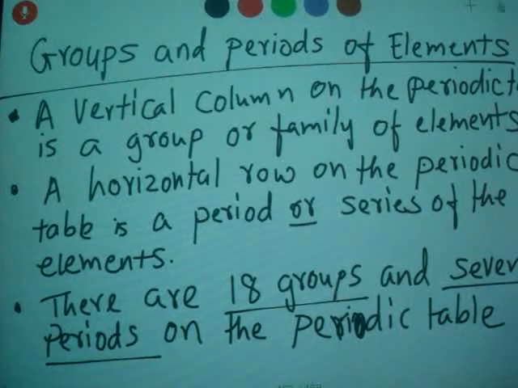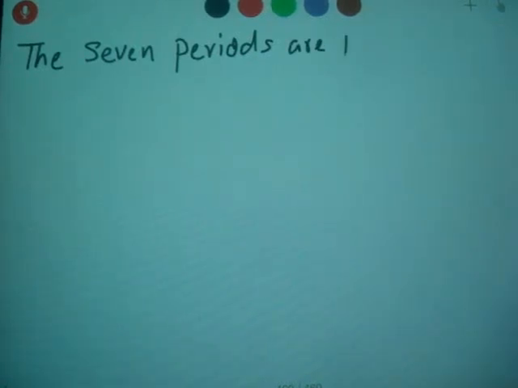The 7 periods are labeled 1 through 7. The first period has how many elements? 2.